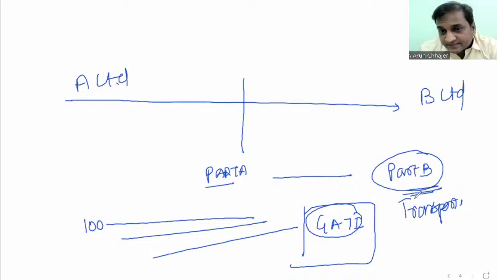In this case, if the transporter individually opens each part A e-way bill and updates the part B, it will take a lot of time.